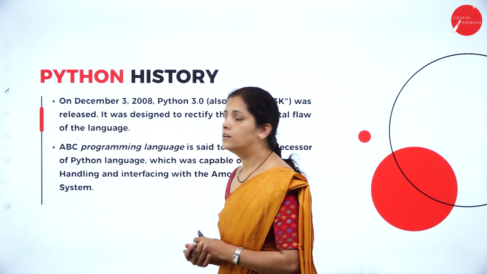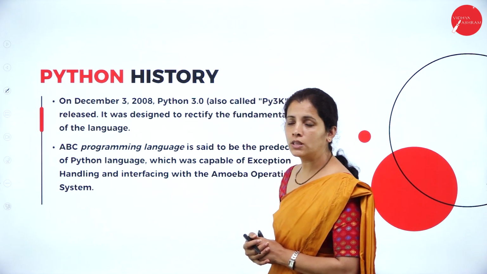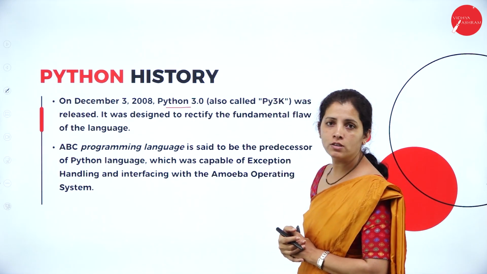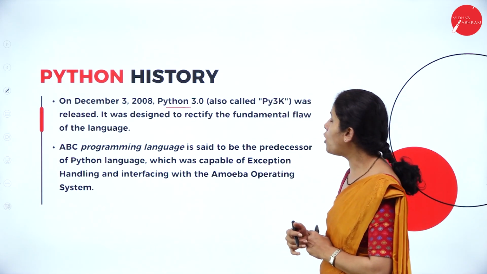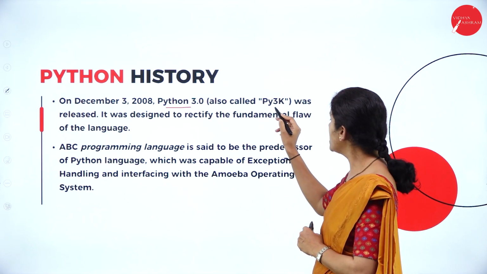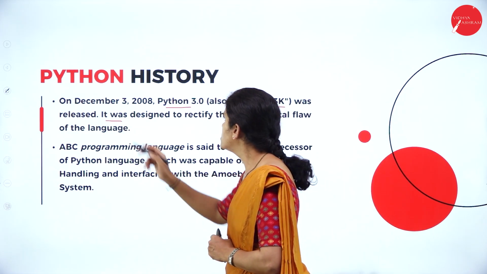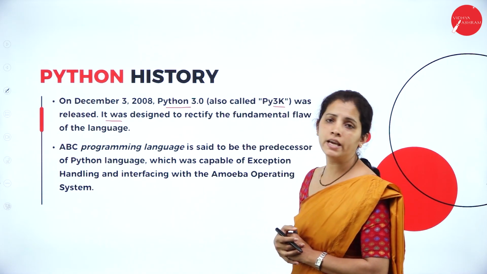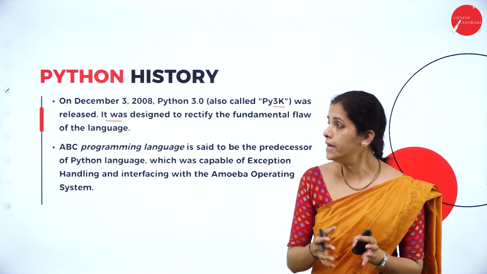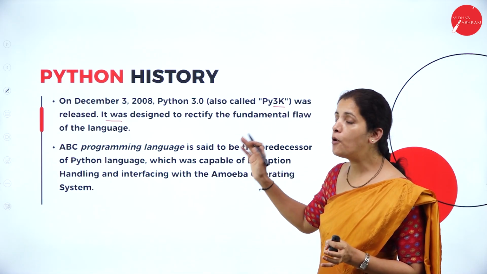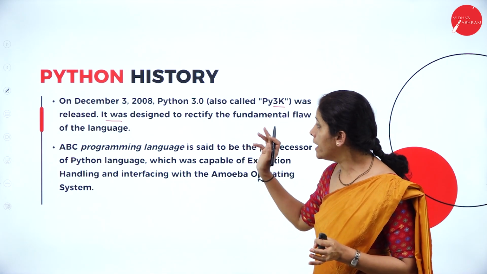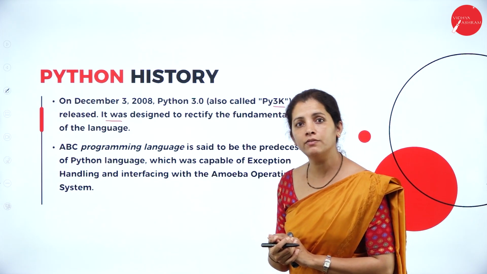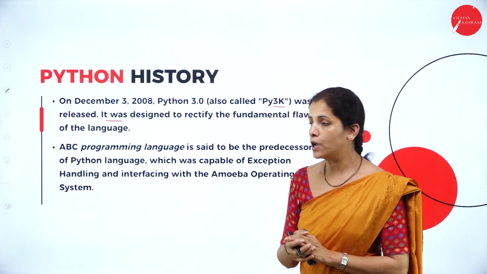Now, on December 3, 2008, Python 3.0 was released, and it's also called by the name Py3K. It was designed to rectify the fundamental flaws of the language. So dear student, Python 3.0 was introduced to rectify the fundamental flaws of the programming language.